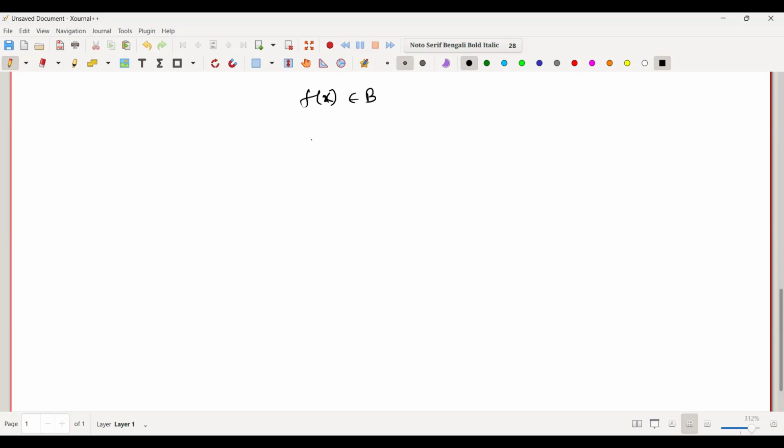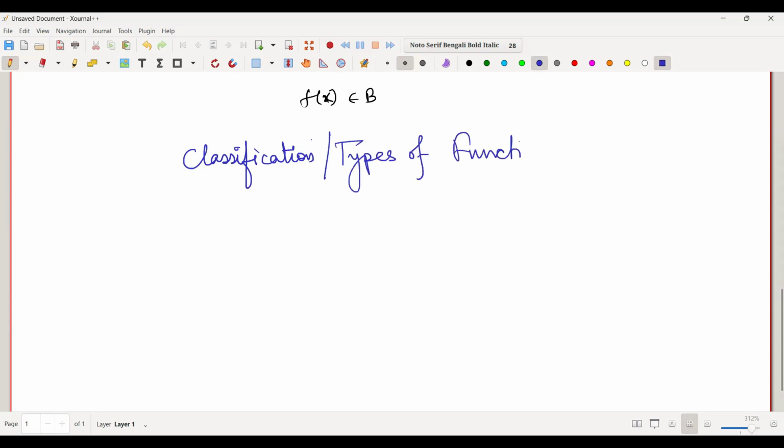Now the part that is in class 12 is the classification of functions, the types of function. So there are mainly two types of function.